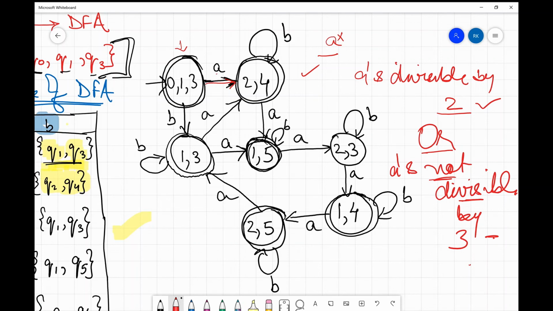Then over here when we reach the string b, b contains zero a's. Zero a's is again divisible by 2. So in this manner you can validate this DFA. You can check that all the strings you get satisfy this combined condition, which is combined by OR.